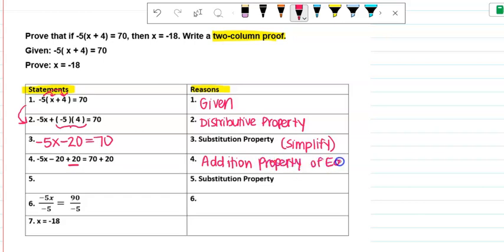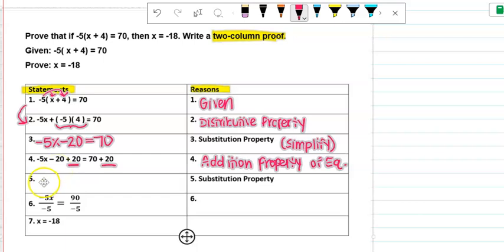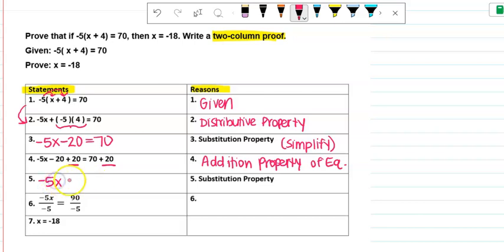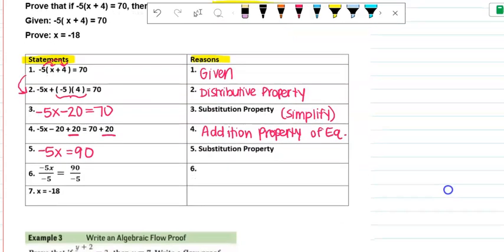We can abbreviate because I can't fit it on the box. The next one says that we're using substitution, which means that we just simplified again, which we actually did the addition. So on the left side, we'd just be left with -5x, and 70 plus 20 would be 90. And then what did we do?